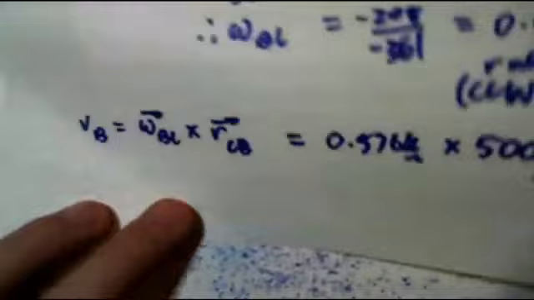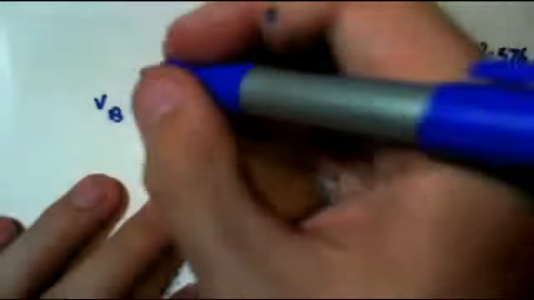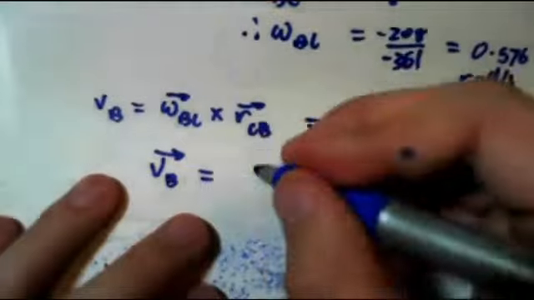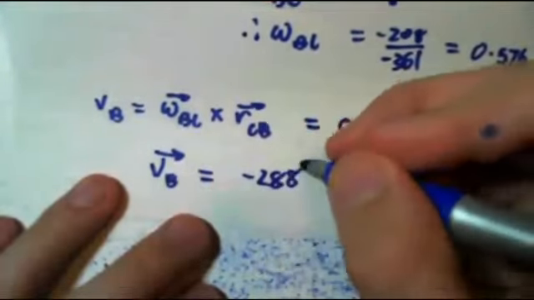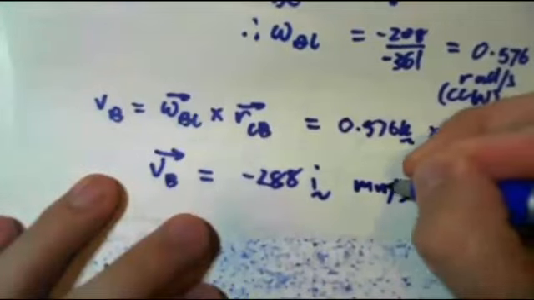This j term is only in the rotating frame of reference. So our velocity of B, if I plug it in the calculator, we end up getting a velocity of B as negative 288 i millimeters per second.